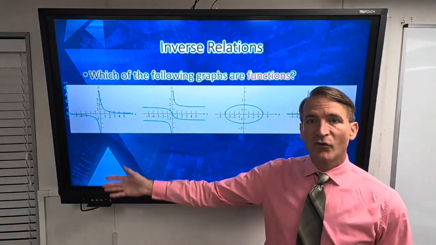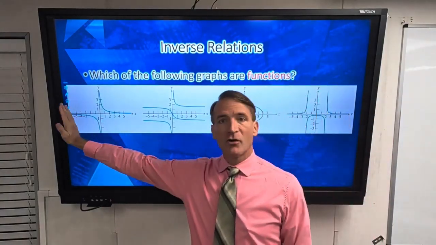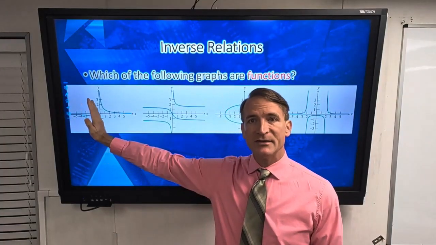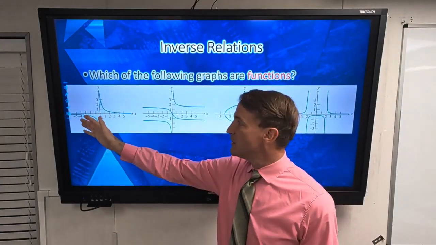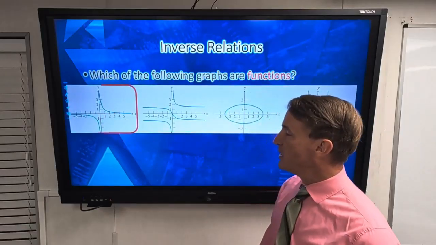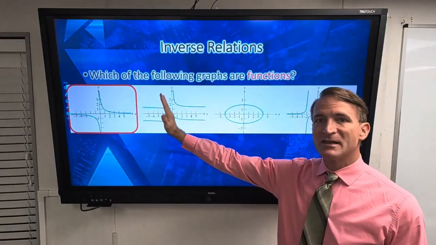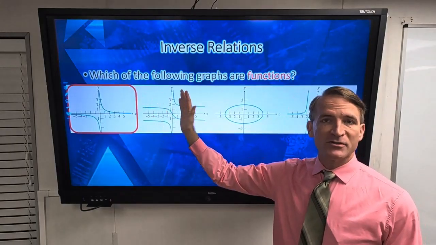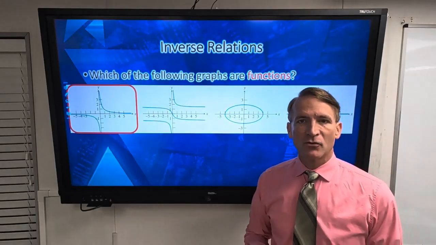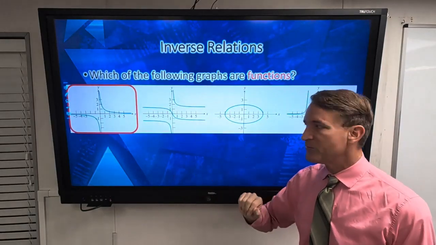All right, so this first graph here, if we were to draw vertical lines, it would pass the vertical line test. Therefore, that is indeed a function. If we go to the second graph and we look at vertical lines, there are several locations in which it does not pass the vertical line test. So that is not a function.